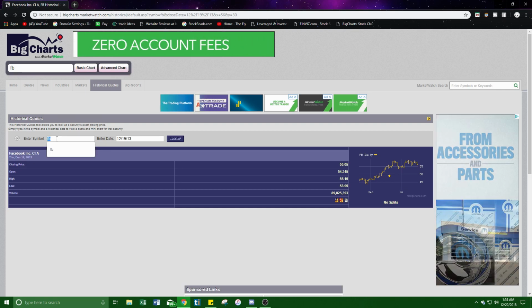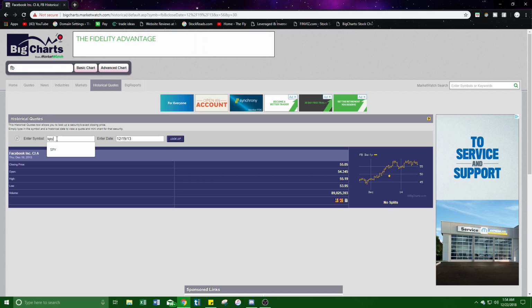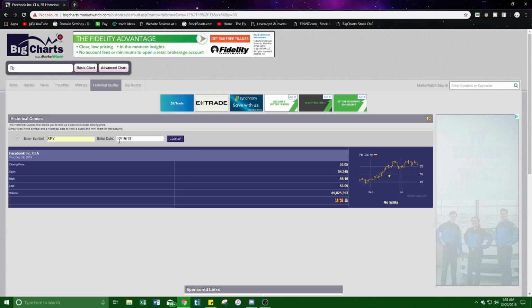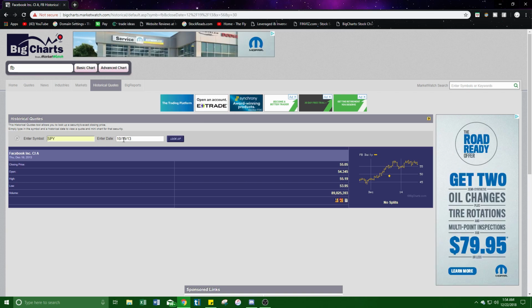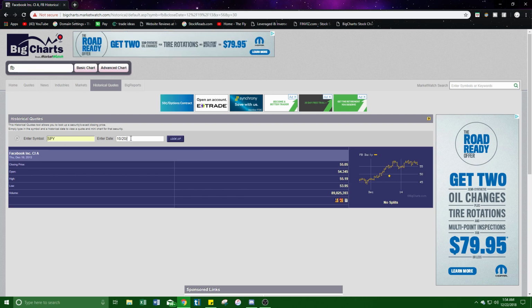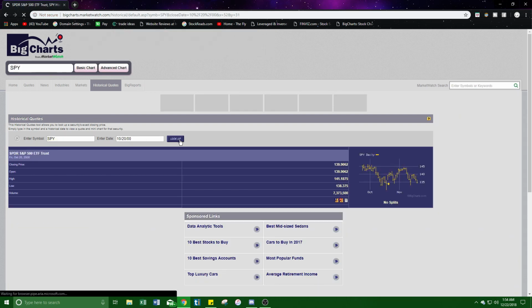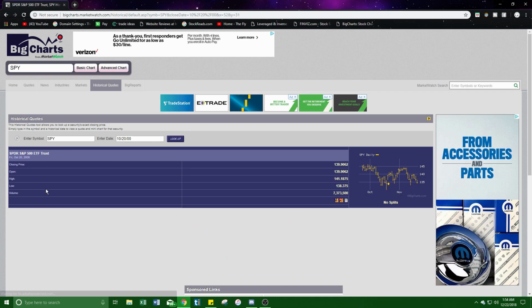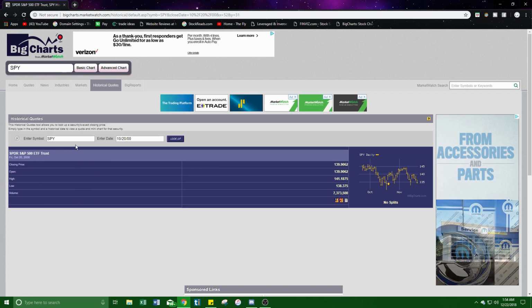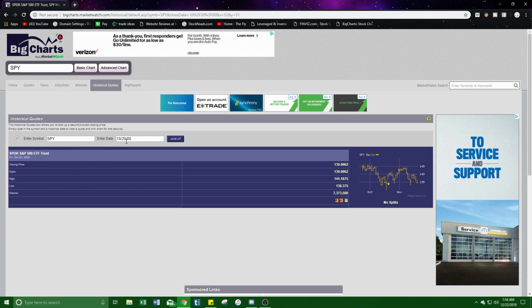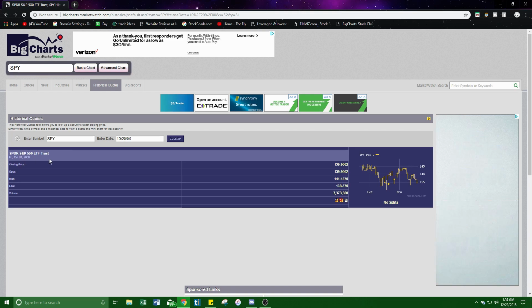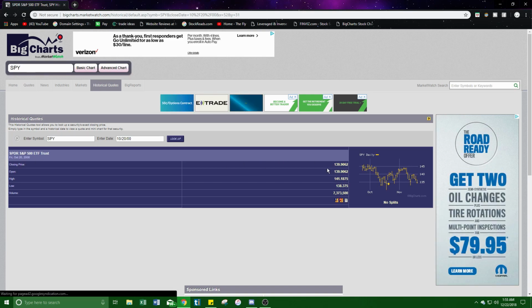Let's say we want to look at what the SPY did on October 20th of 2000. Let's look at what the market did on that day. And then boom, right there. The SPY on October 20th, year 2000. The closing price was 139. The open, the high, low, and the volume for that day.